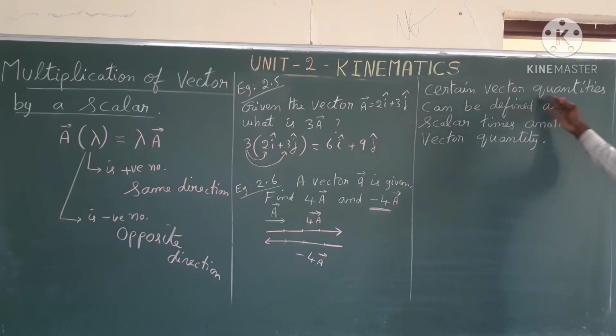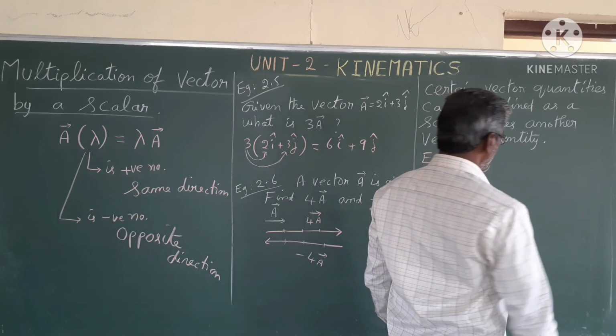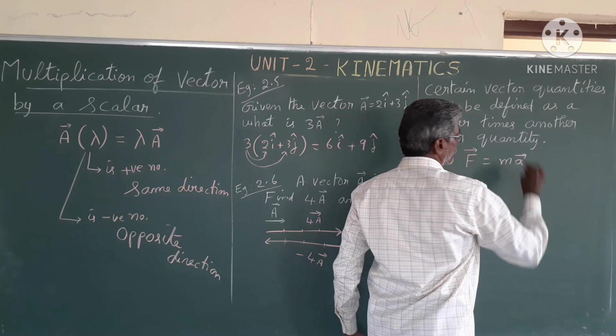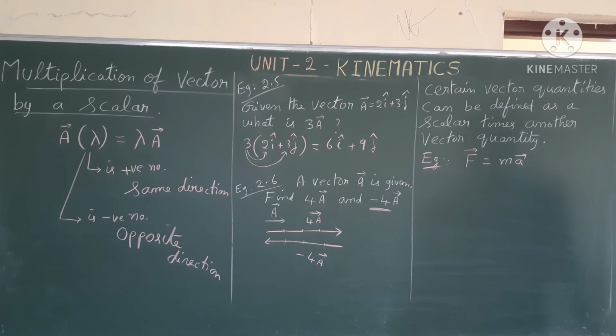Now, certain vector quantities can be defined as a scalar times another vector quantity. For example, force is equal to mass into acceleration. Now you see, certain vector quantities can be defined as a scalar times another vector quantity. This is one vector quantity. This is another vector quantity.